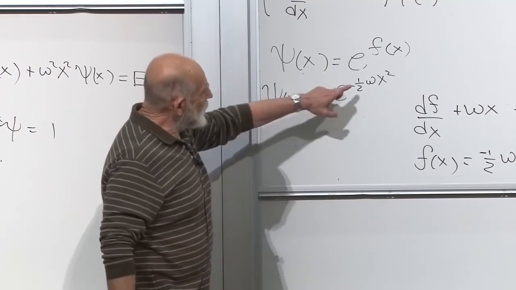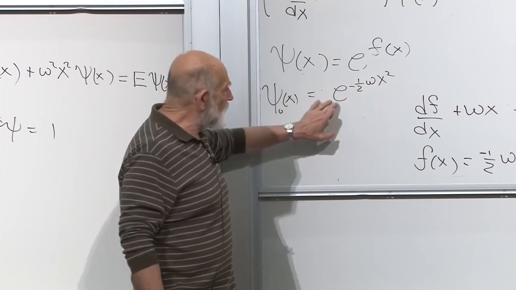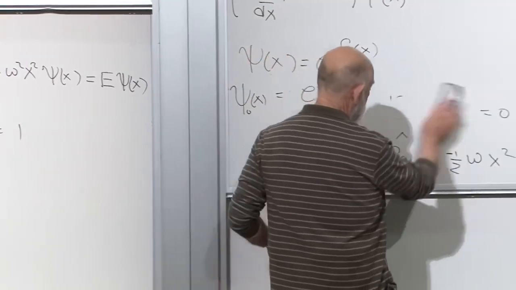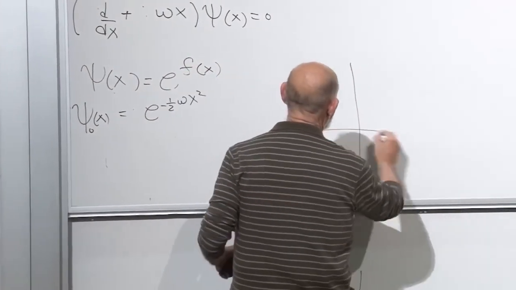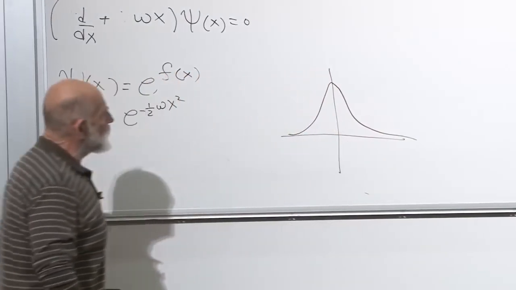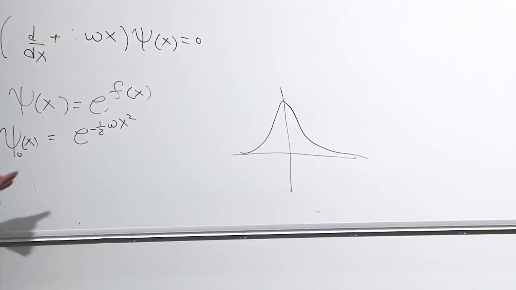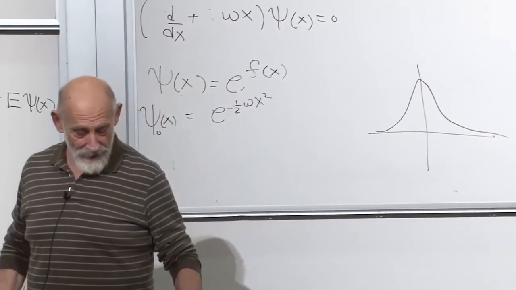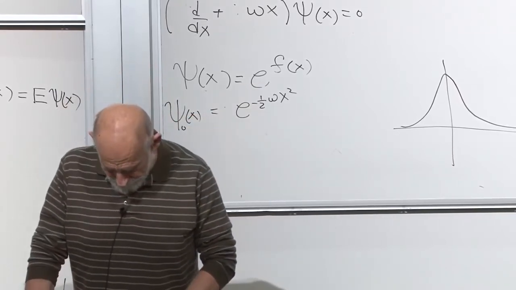And notice that it goes to 0 very, very fast with x. E to the minus x squared. It's a Gaussian. It's a bell-shaped curve that goes to 0 as e to the minus 1/2 omega x squared, and is very, very square integrable. I mean, if we square it and integrate it, it's extremely convergent.